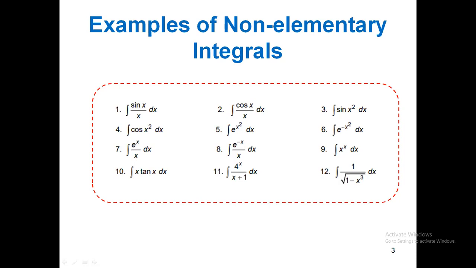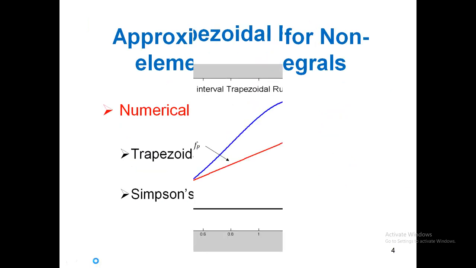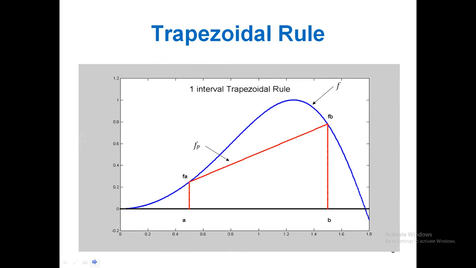So that is why we have to know the following methods of approximating the values. We have the trapezoidal rule and Simpson's rule. In the trapezoidal rule, you are approximating the value of the integral by comparing the area of that particular integral to the area of the trapezoid included in the area of such a function.